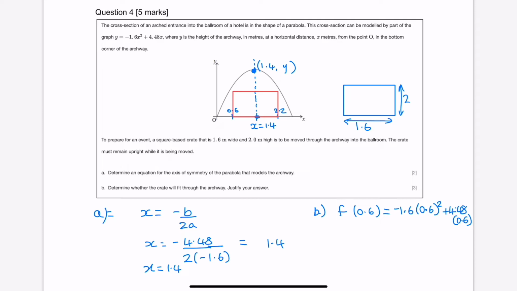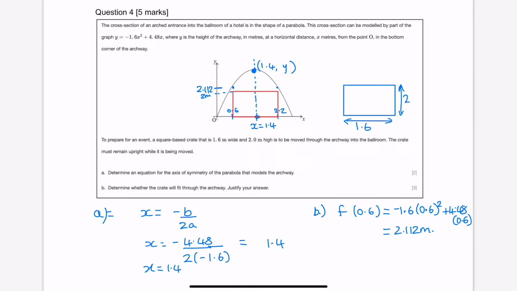And I can just type that into my calculator, and I find that I get 2.112, which means it's more than 2 meters tall. Okay, so 2.112 here. And my box is only 2 meters tall. So yes, it will fit.